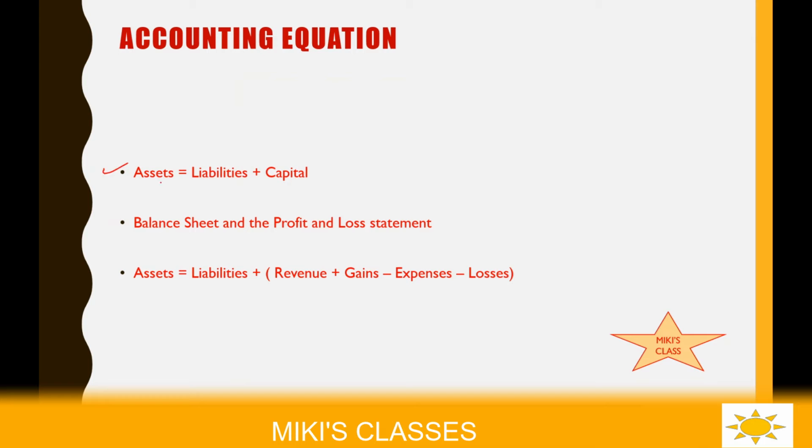This we've already discussed: assets is equal to liabilities plus capital. To get to this equation, you'll have to know about the balance sheet as well as the profit and loss statement, which are topics that will be covered in later chapters in your curriculum. Still, assets and liabilities will be in the balance sheet, and the profit and loss statement will show you how much profit or loss the business has made for the year.